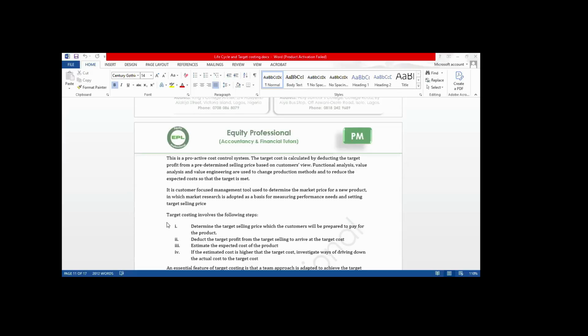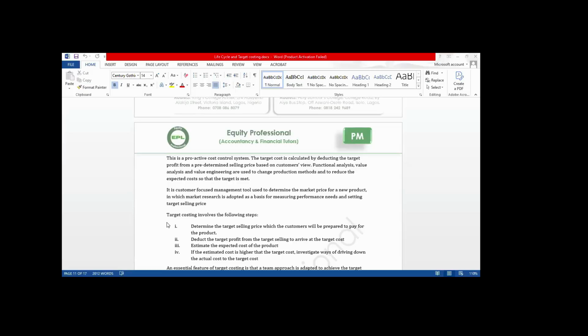The target costing system is also one of the modern costing systems. It is a proactive cost control system.